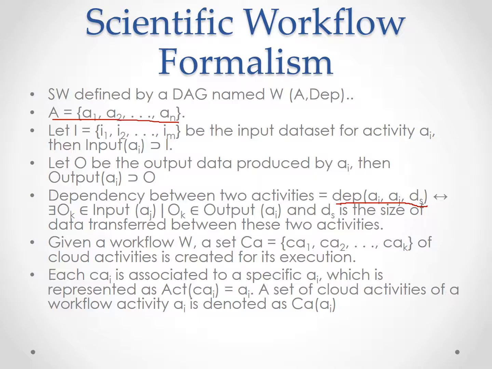Given a workflow W, a set CA equals CA1, CA2 to CAk of cloud activities is created for its execution. Each cloud activity CAi is associated to a specific activity Ai, which is represented as ACT(CAi) equals Ai. A set of cloud activities of a workflow activity Ai is denoted as CA of Ai.